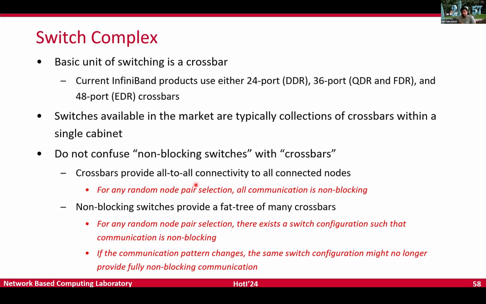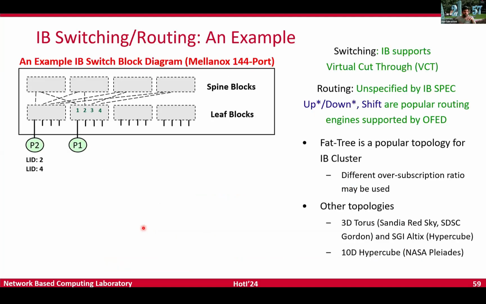So there will be no congestion whatsoever, but it'll be very expensive to implement and it'll take a lot of real estate. Your non-blocking switch is like our typical road system where if you have multiple cars going at the same time, there's probably not a lot of congestion, but you could potentially create a scenario where there's congestion on the node. Okay. Now, having mentioned congestion, let's take a simple example of how IB switching or routing happens.